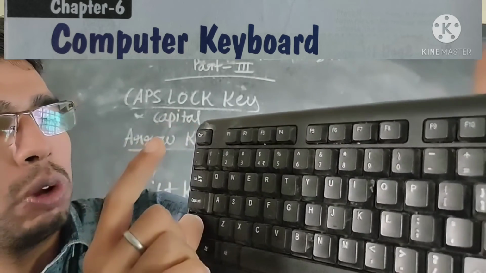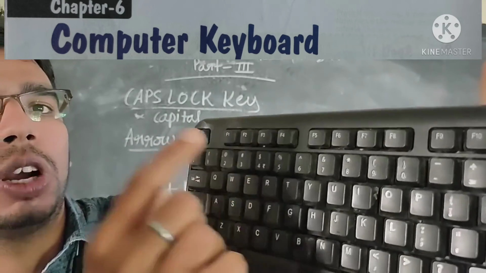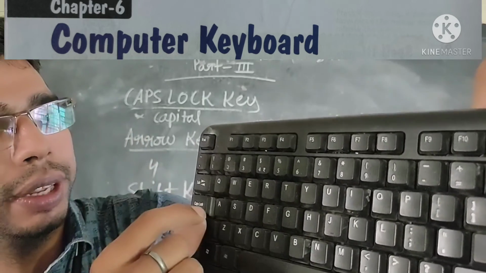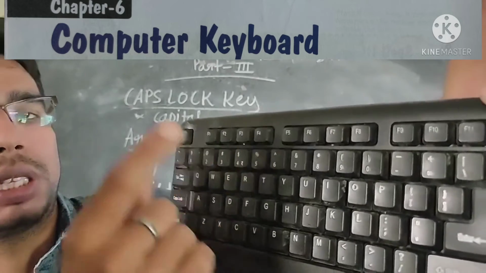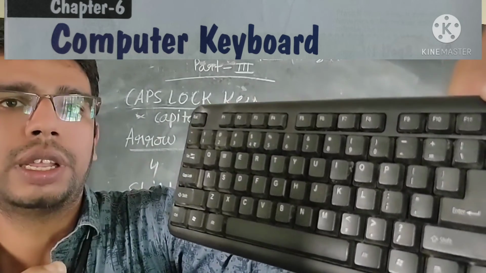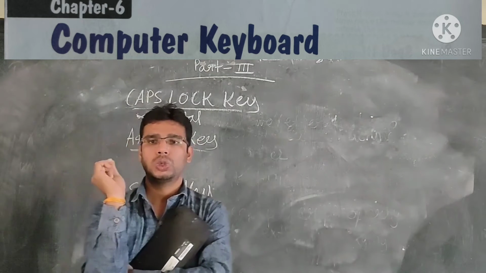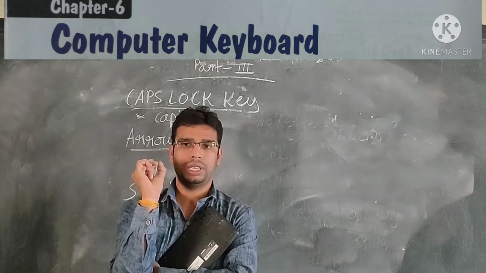Once again, if you press shift and tap 4, rupee sign or dollar sign will come on the screen. If you press shift and tap 5, percentage sign will come on the screen. So, shift key is used to type the upper part of the keys.